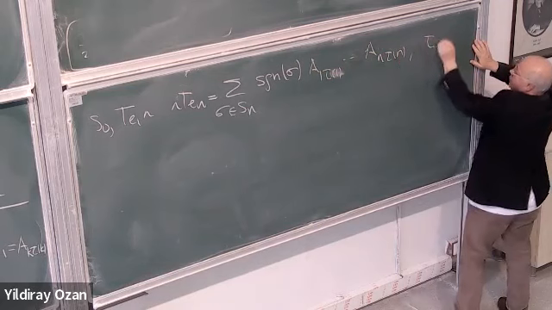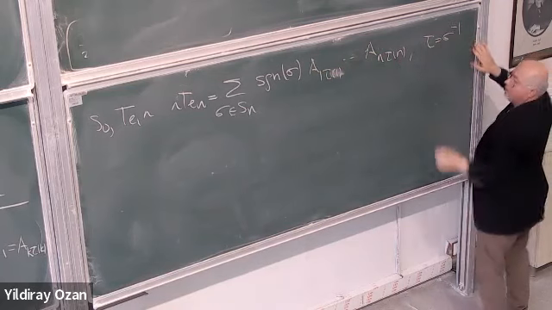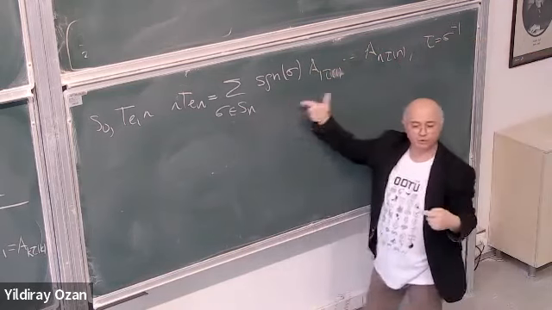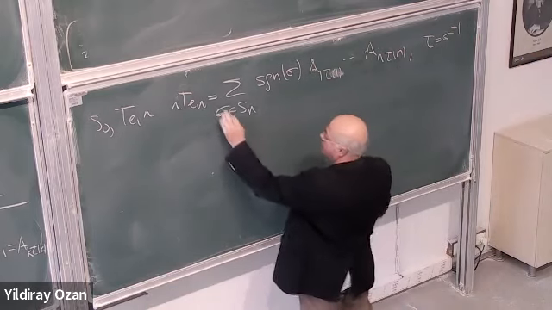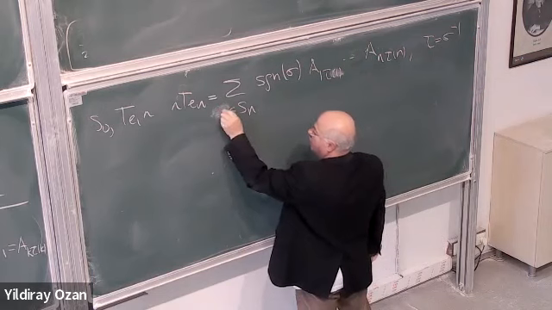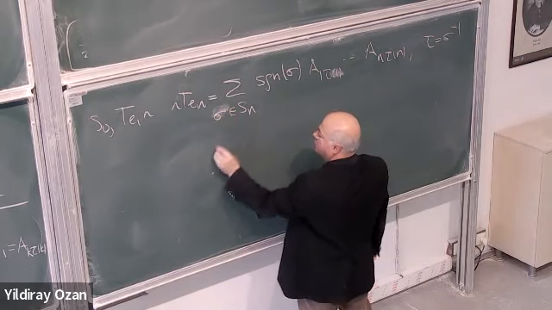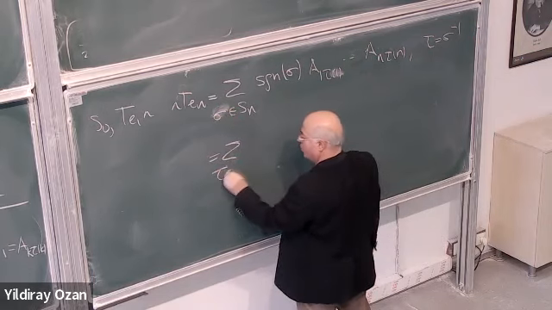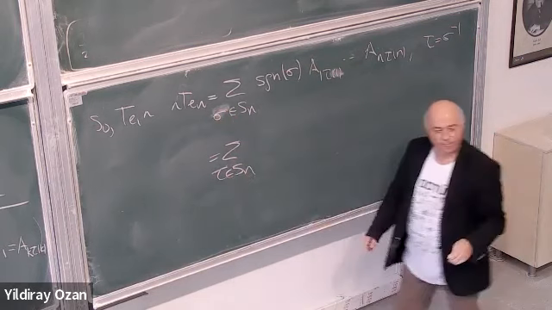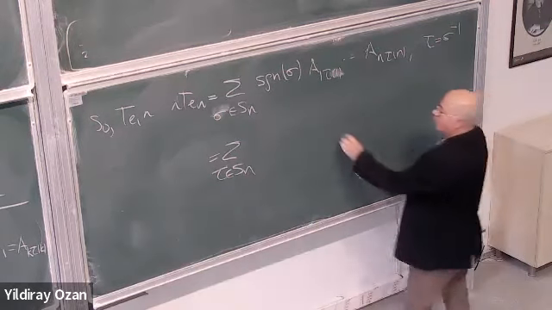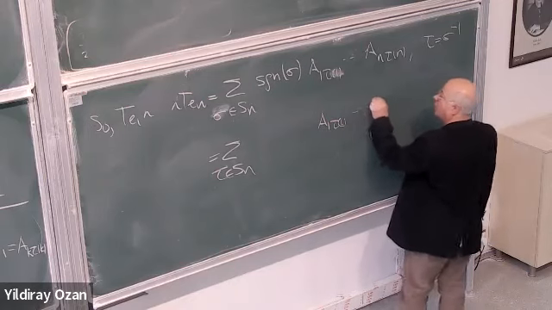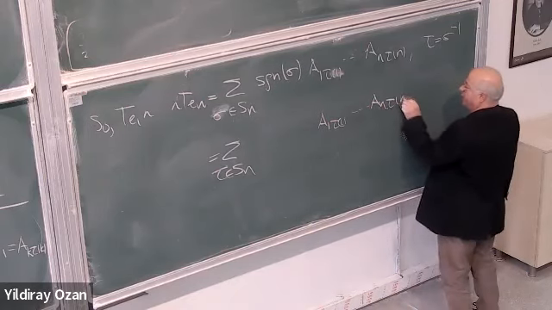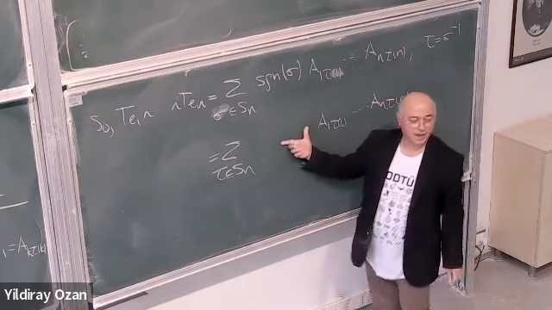Here, of course, tau is the inverse of sigma. So for each sigma, I am using its inverse. But then, of course, I can just write this summation over tau. So I have 1 tau 1 up to tau n. What about this sign?